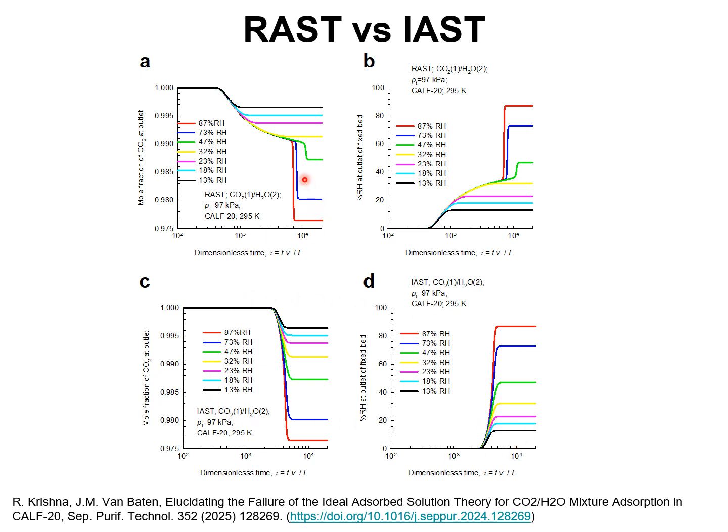You see, even a casual visual inspection will reveal that the breakthrough simulation results for RAST are significantly different from those from the IAST. It remains now to compare the breakthrough simulations with the experimental data of Nguyen.